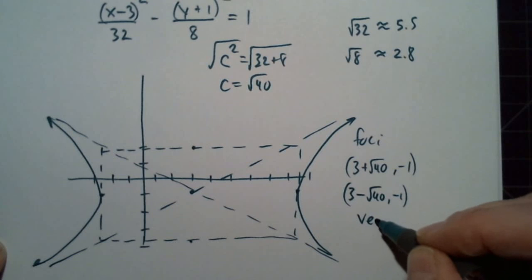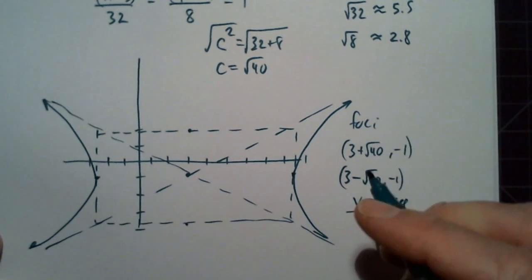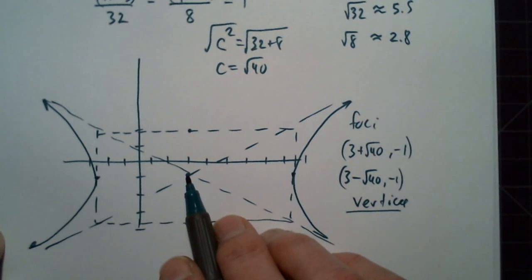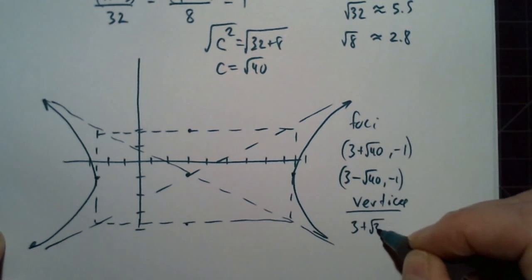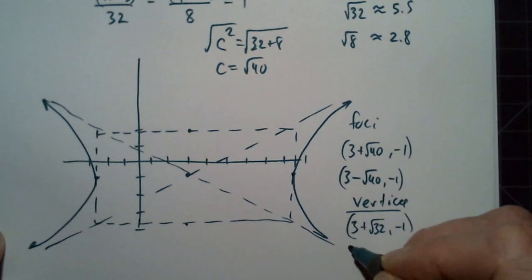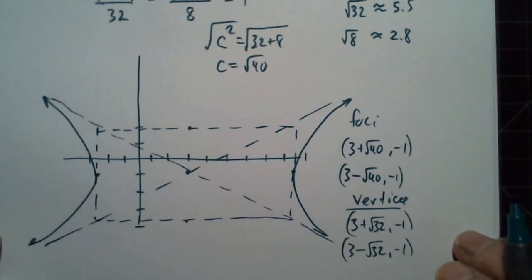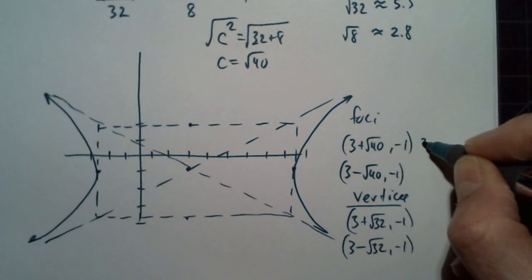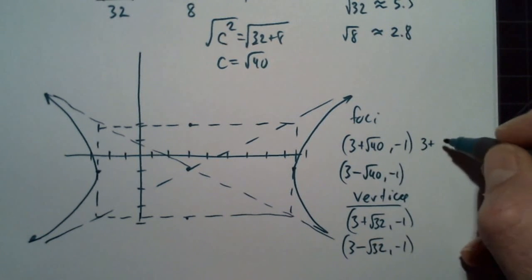Alright, and vertices. Vertices here, so we're going to be at 3 plus radical 32, 3 minus radical 32, and we should probably reduce that.